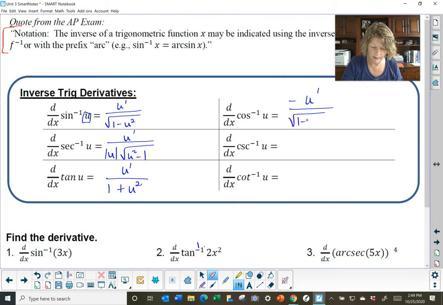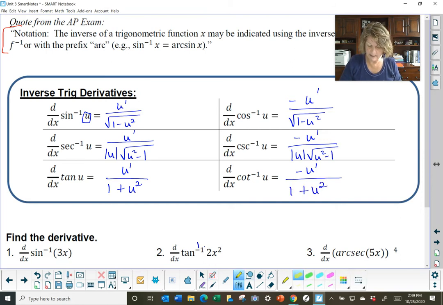So we get negative u prime over square root of 1 minus u squared. Cosecant will follow secant, except it is negative. So I get negative u prime over absolute value of u times square root of u squared minus 1. And cotangent will be a negative u prime over 1 plus u squared.